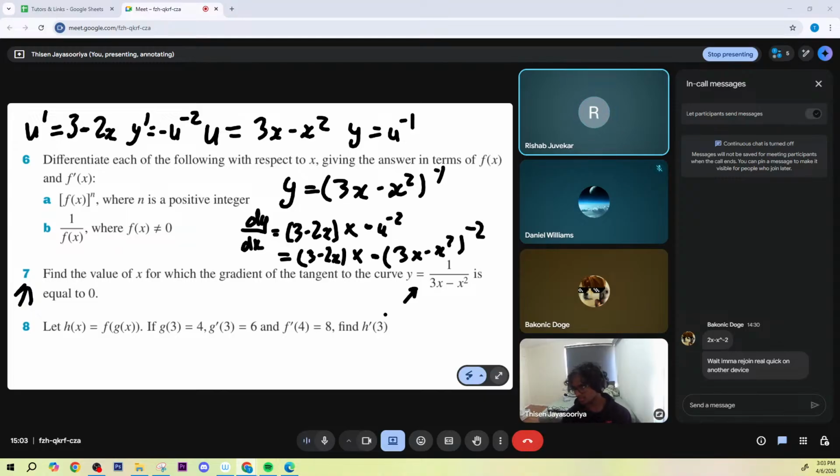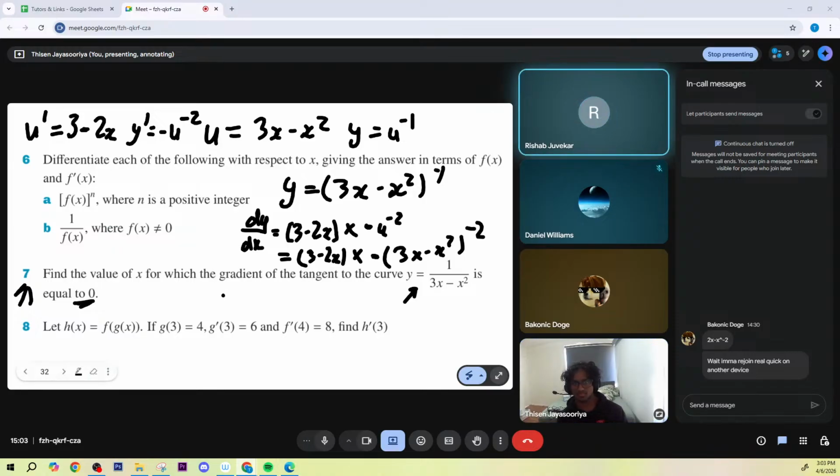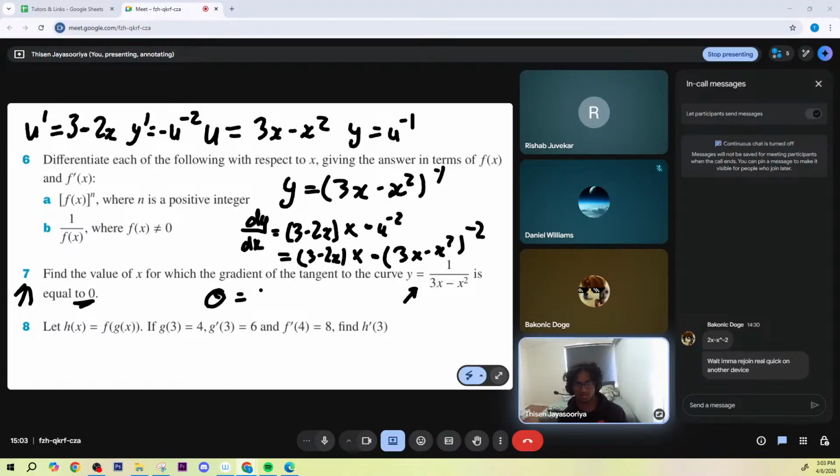Does that make sense? And then how do we solve for when that's equal to 0? Just make it equal 0. So we do 0 equals 3 take away 2x times negative 3x take away x squared to the power of -2. So what do we do from here?